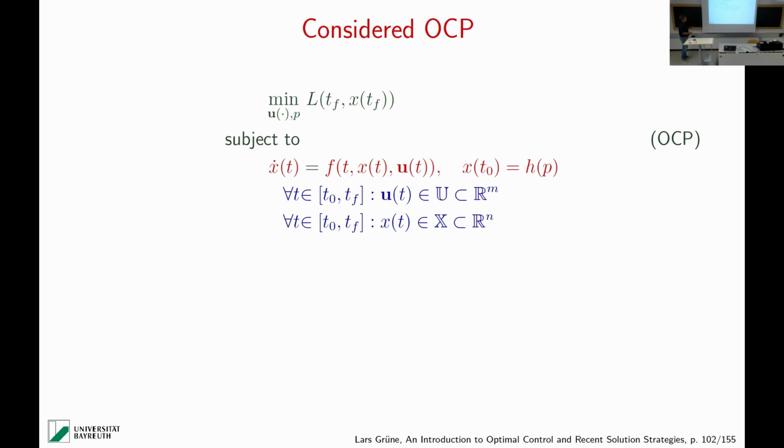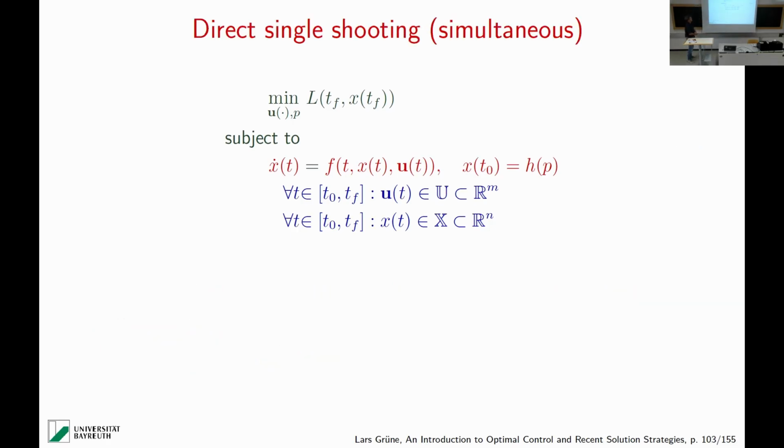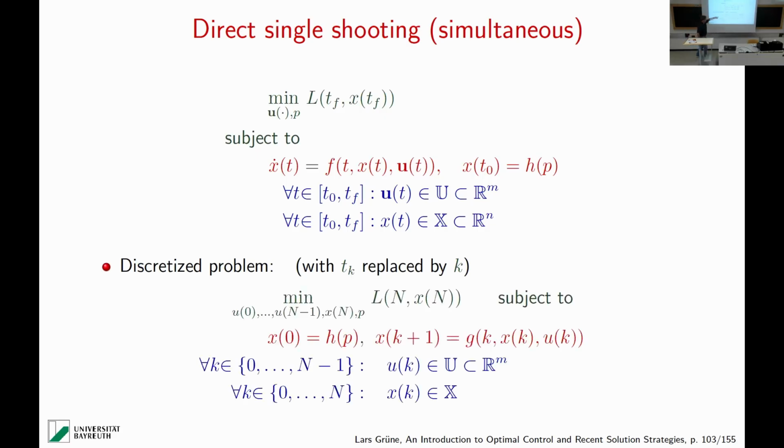Okay, so if we do this with this optimal control problem, I'm just putting here some abstract h of p to be able to capture different kinds of terminal conditions that we would like to have. Then we have two methods now to apply what I said. So we could write it in the following way. Let's have a look at now only this Meyer term here.